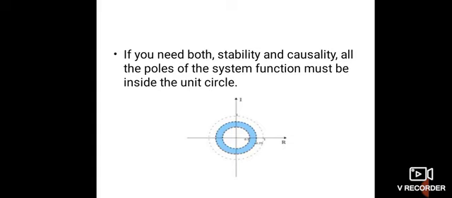So these are the properties of the ROC, which plays an important role in finding the Z transformation and the convergence of the Z transformation of X(z). Okay, thank you.